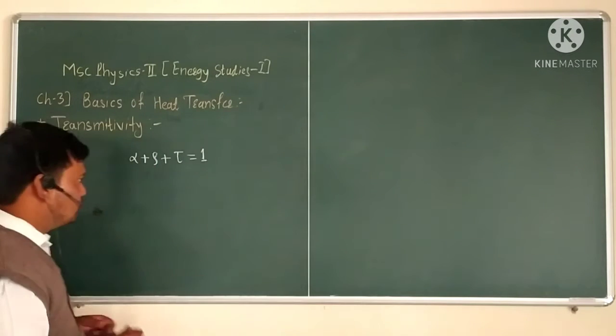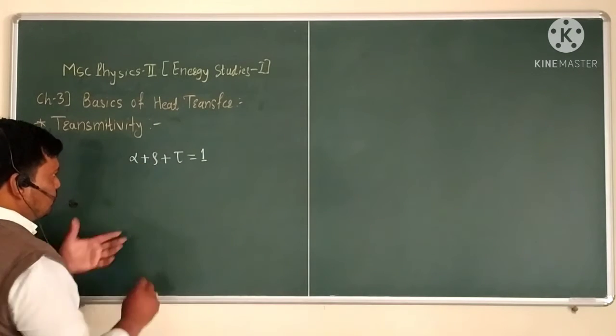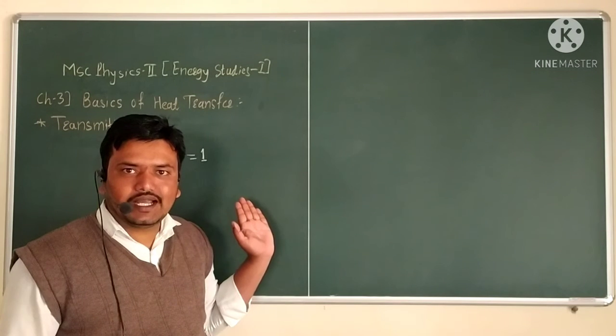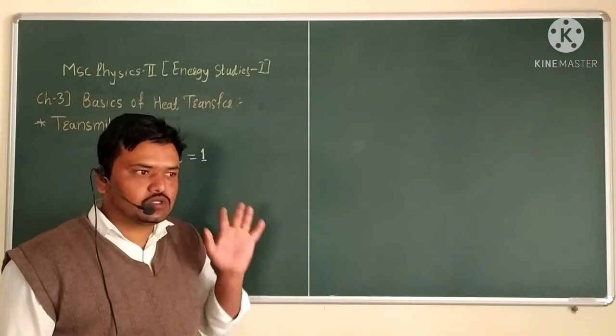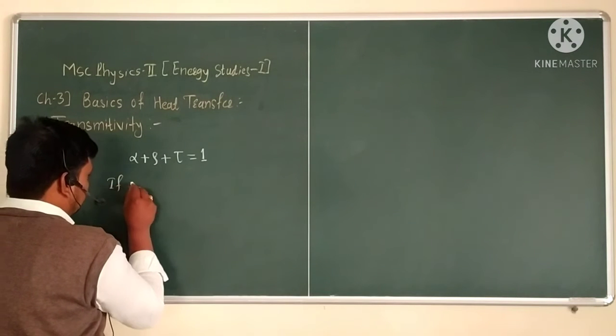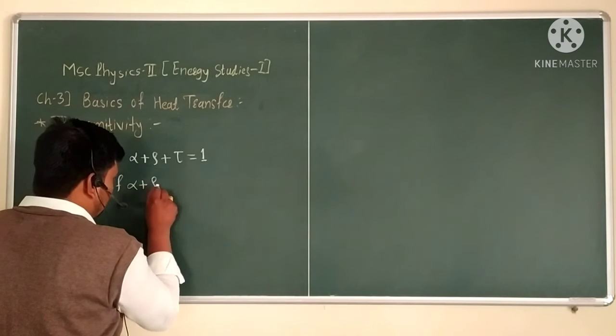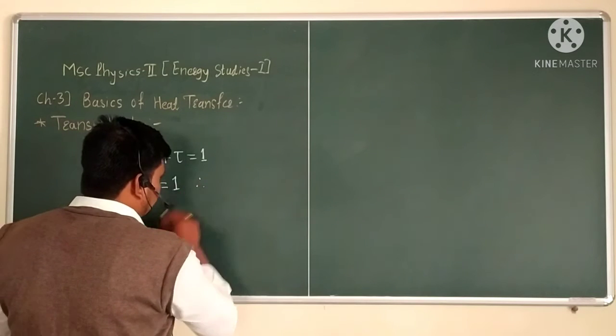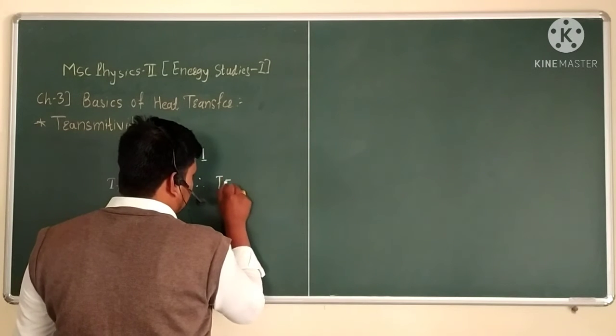If alpha plus rho is equal to unity, that is 1, then tau is equal to 0.